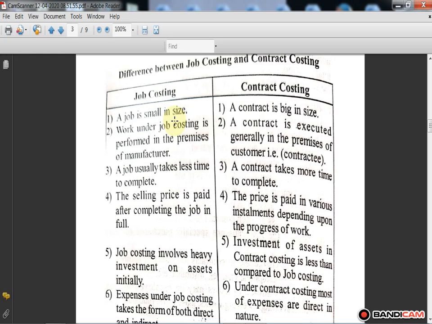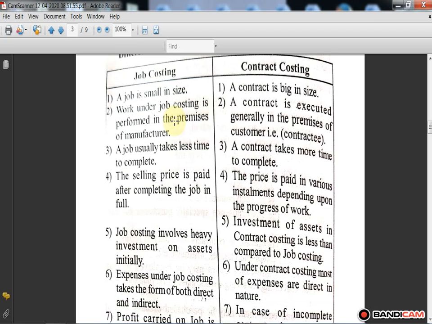In contract costing, a contract is executed generally in the premises of the customer, that is, the contractee. So in job costing the work is performed in the premises of the manufacturer, and in contract costing the contract is completed in the premises of the customer or contractee.